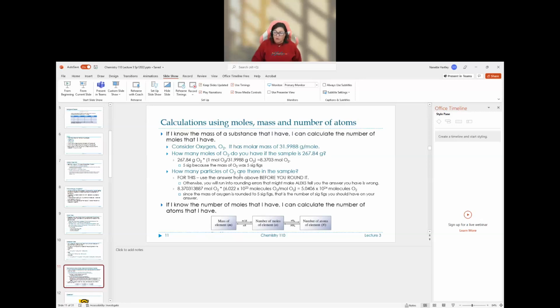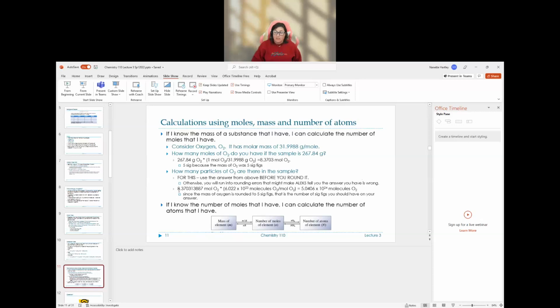How many particles of O2 are there in this sample? For this, we're going to use the answer that we just came up with, before you round it. So whatever your calculator says before you round it, that's the one we're going to use. Otherwise you run into rounding errors, and Alex will tell you that your answer is wrong.